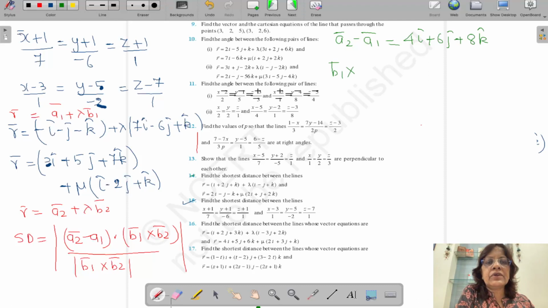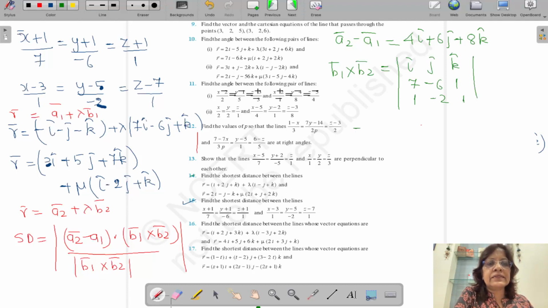Then b1 cross b2: first we write it as a determinant with i, j, k; 7, minus 6, 1; 1, minus 2 and 1.